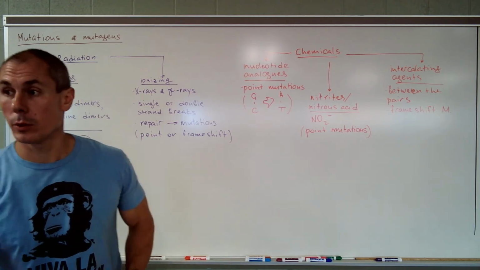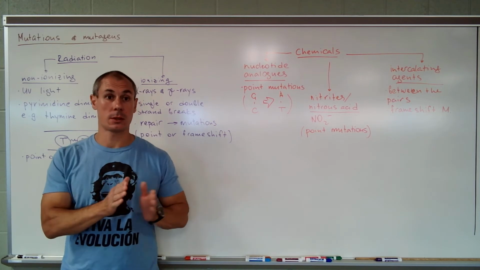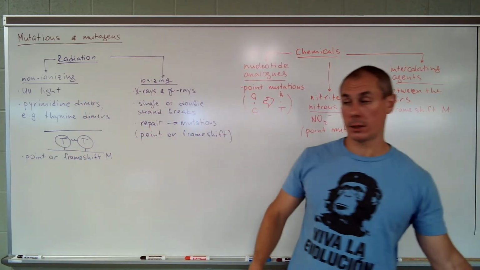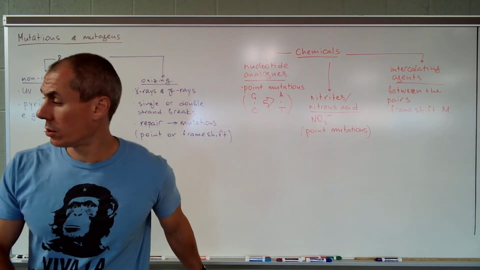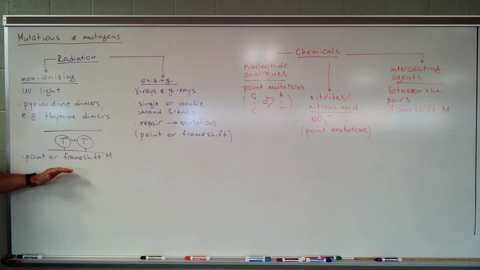Okay, so we have a couple more items to talk about in the context of mutations. First, how can we fix them? In order to illustrate this idea, I'm going to use two examples of repair systems. Those are just two examples that you need to have an idea about, and they will be relevant for the thymine dimers.